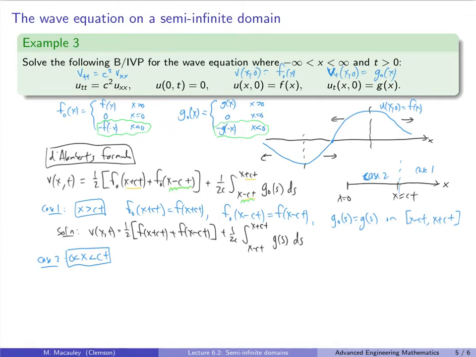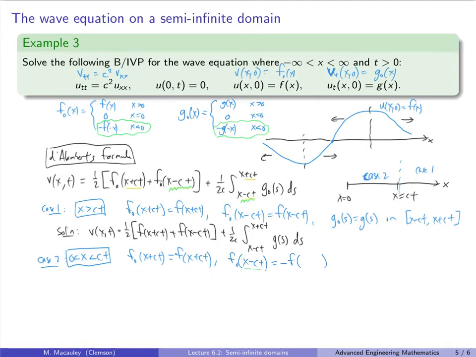So let's repeat what we just did. f naught of x plus ct: x plus ct is still positive, of course, because x and ct are positive, so nothing changes. That's f of x plus ct. However, in this case, this argument is negative. So we have to say that f naught of x minus ct is negative f of negative this argument.